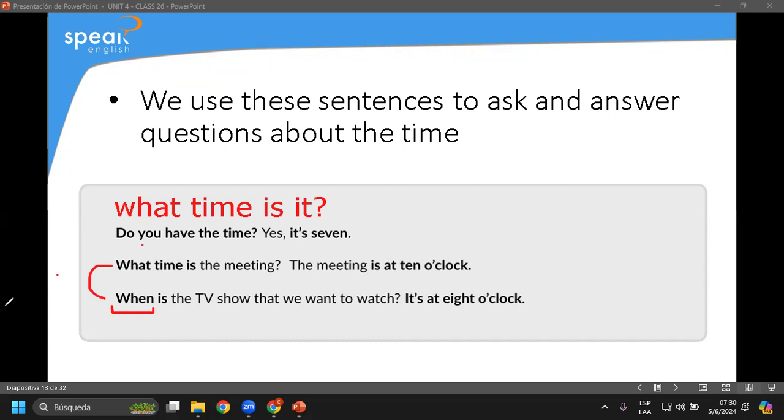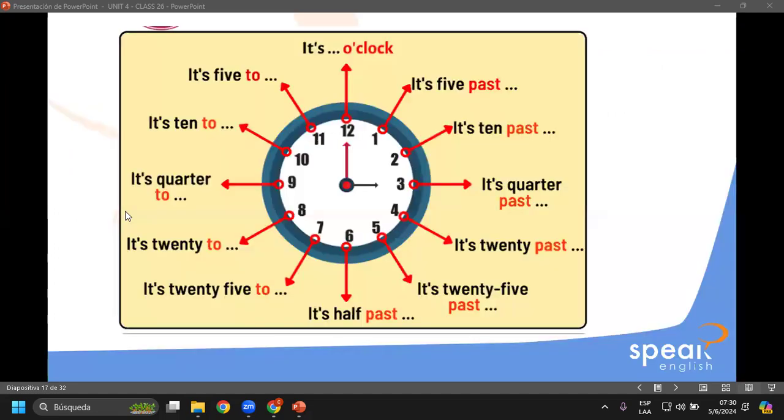So let's see, there are different ways to ask what time is it. So, girls, yo quiero saber la hora, pero no quiero decir what time is it. ¿Cuál es la otra opción? Do you have the time? Very good.